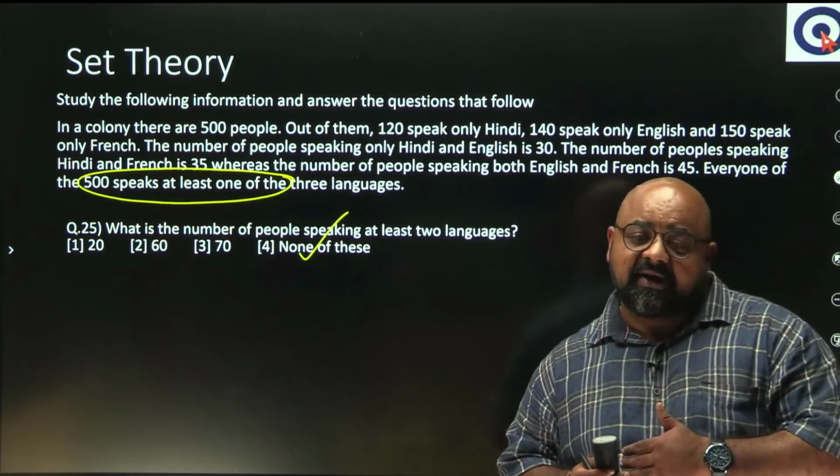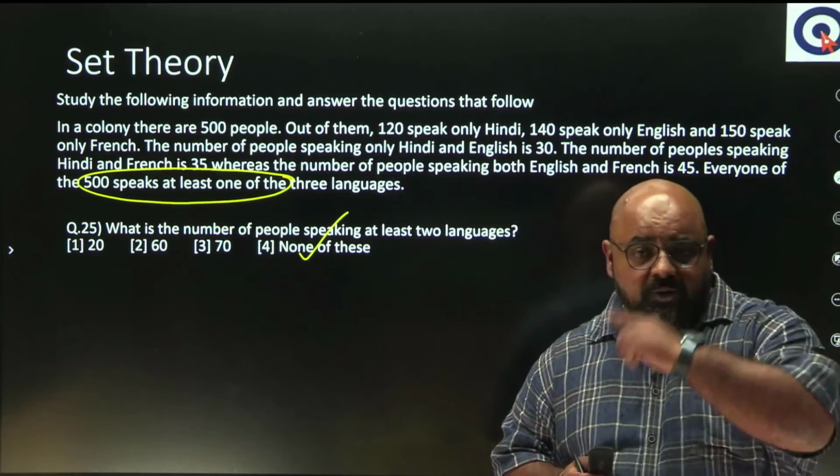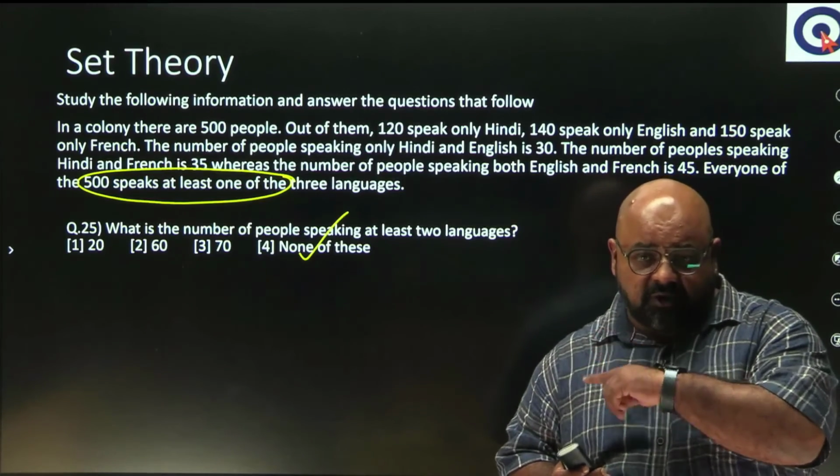Again, if the level of this question increases, then you might end up using the formula that I said.